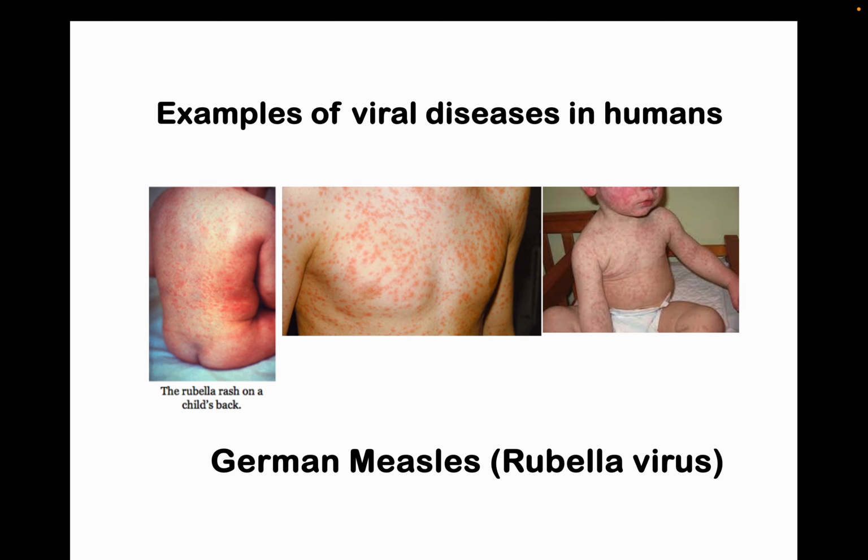And we have measles caused by the rubella virus. So here, the primary affected patients are children. Okay, so the red rash formation, as you can see in these pictures.